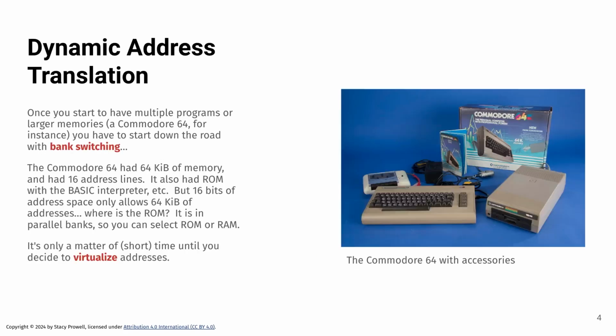So suppose that you have a 64K address space. The Apple II that we saw on the previous slide did, the Commodore 64 does. The Apple had much less than 64K of memory, so that was okay. The RAM and the ROM and devices that were mapped into memory could all fit into that 64K address space.